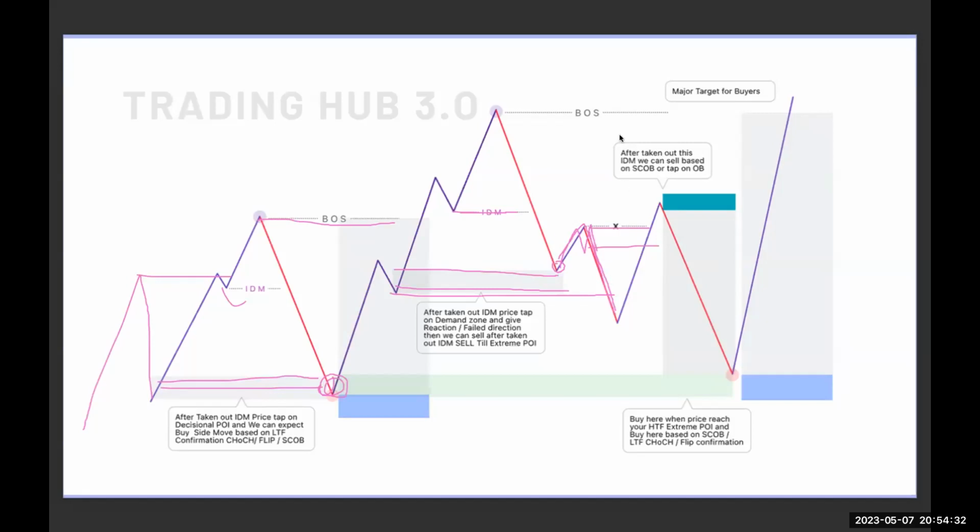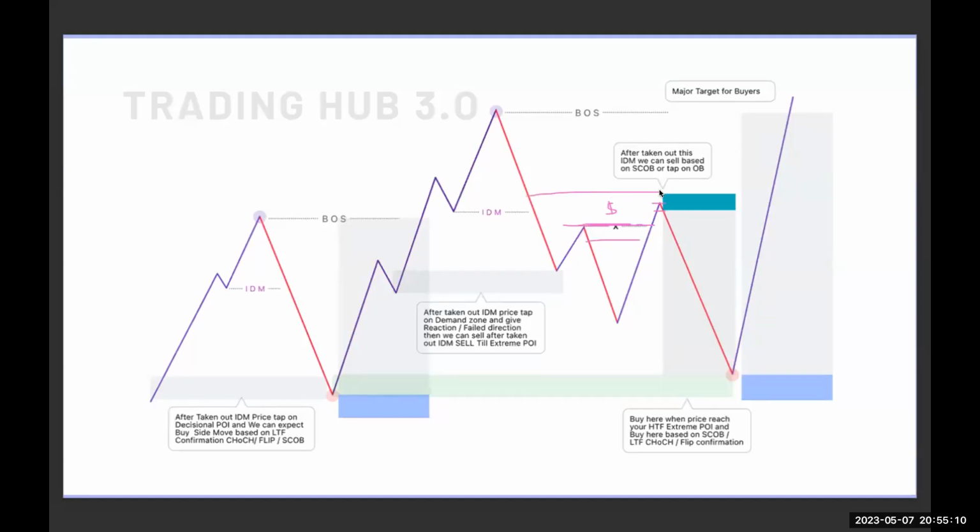So there is no inducement created here. I'm talking about this one. This is a single leg move here, right? If the market creates a move something like this, okay, so you can sell here because this high acts like an inducement. If the market does not create inducement here, which is already covered in the flip entry module also, then this high must be taken out because this is a supply, everyone is looking here for a sell, the market grabs the liquidity, and you can sell here based on a single candle order block.